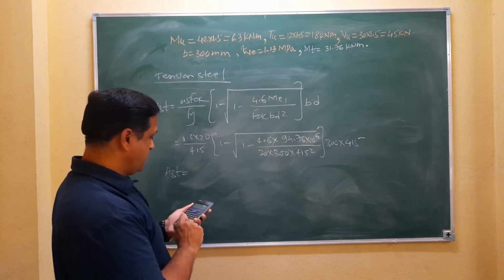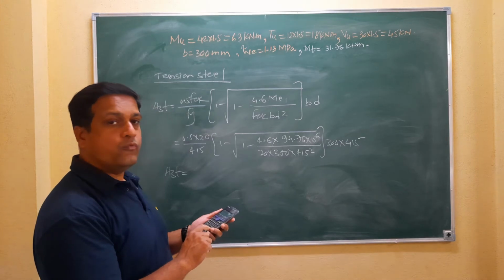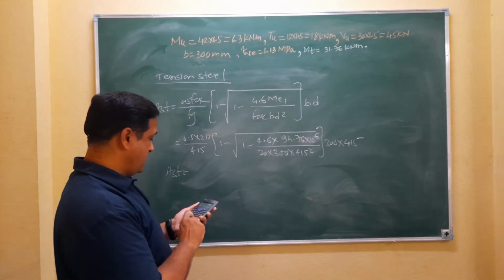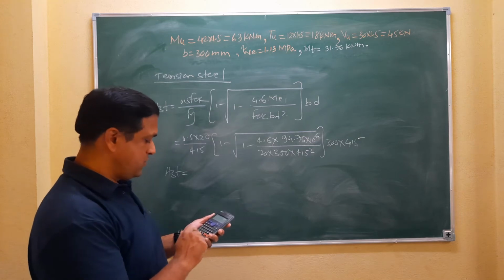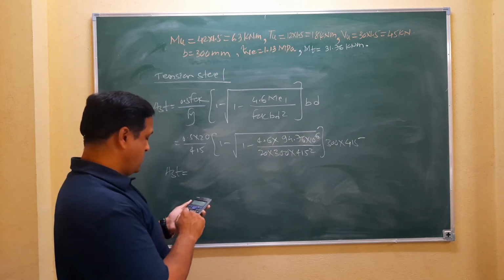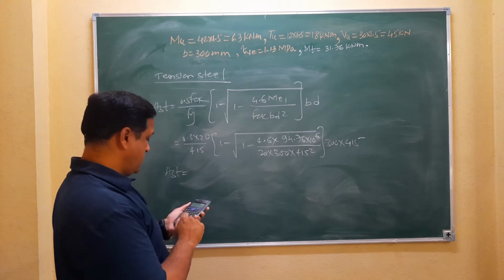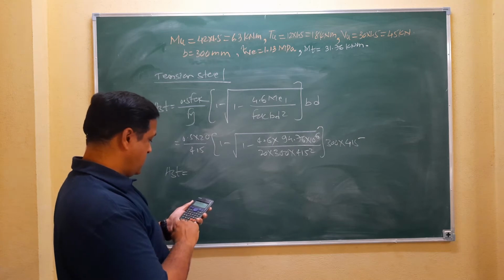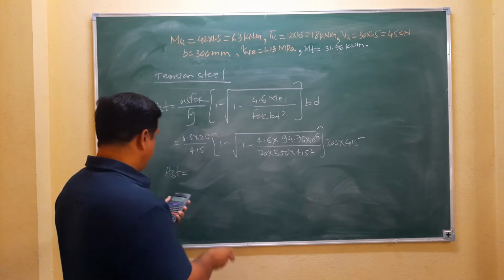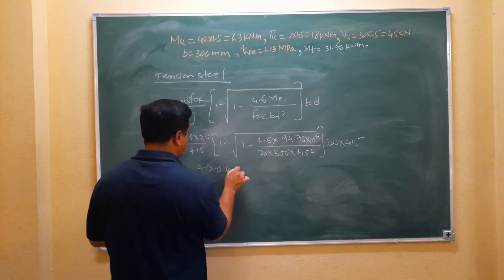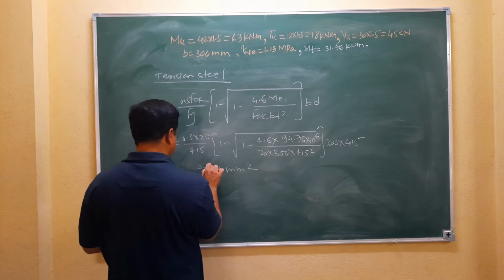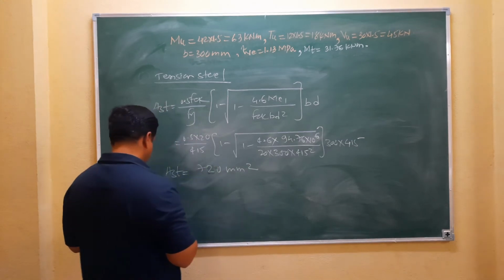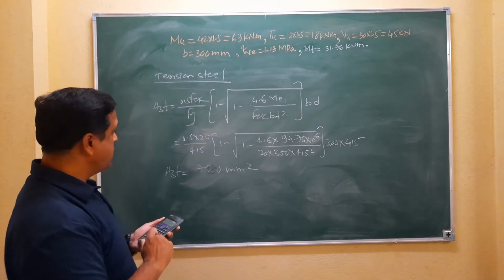Okay, this is 0.421. 1 minus 0.421 under root of answer. Okay, it is 0.760. 1 minus 0.760 into 0.5 into 20 divided by 415 into 300 into 415. Value is 720 mm square. Okay, so this is the value.